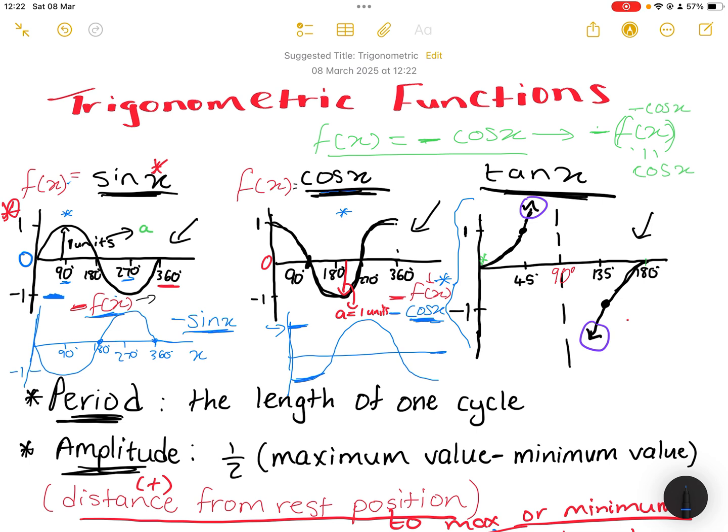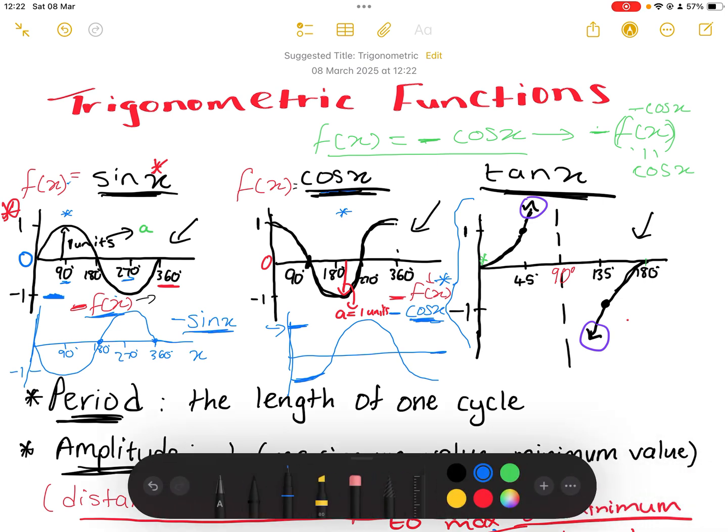Another thing that I want you to know, that I wrote in green here, is that sometimes you might find that not all graphs written f of x are the ones that are positive. Sometimes those that are negative can be your normal graph. For instance, they might say f of x is equal to negative cos x.